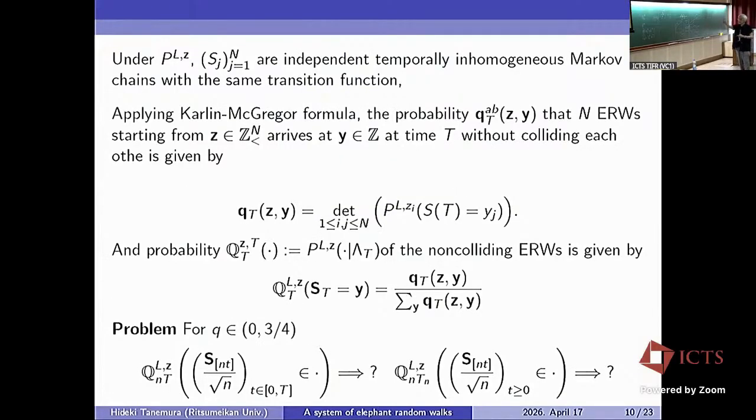Yeah, in this case, the Karlin-McGregor formula is given for time-inhomogeneous random walks, and especially homogeneous walks. But the transition at the point is the same. This is very important. Then we can apply that in this case.